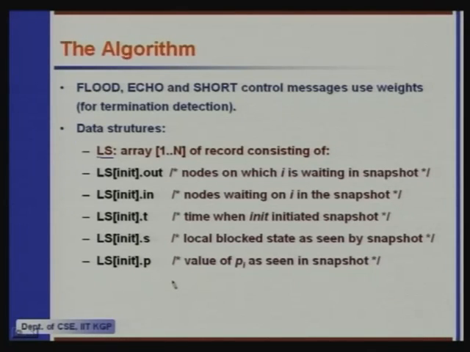So, how many resources does it still need to make progress at that point of time. Okay. This is what the algorithm will try to capture, and once it captures that, it will use that snapshot to detect whether there is a deadlock situation, right.